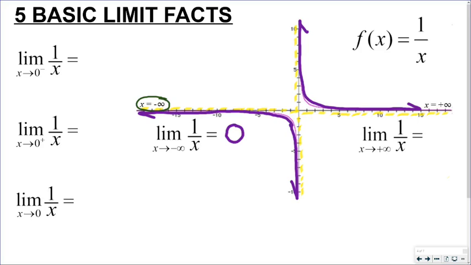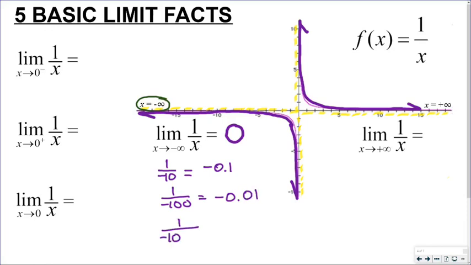Mathematically, I could show that by looking at some values. If I plug in a big negative number, let's say I plug in -10, I'm going to get -0.1. If I divide by -100, I get -0.01.